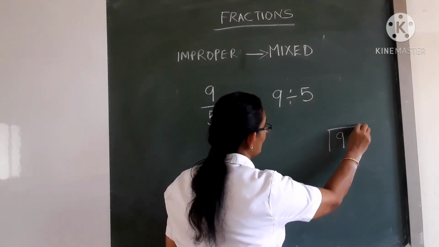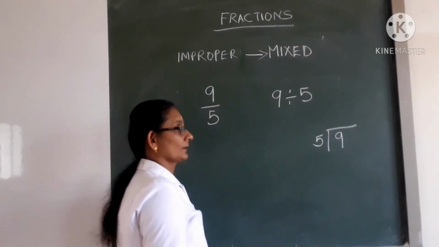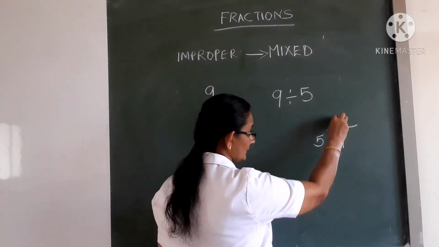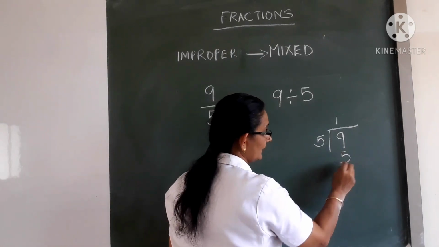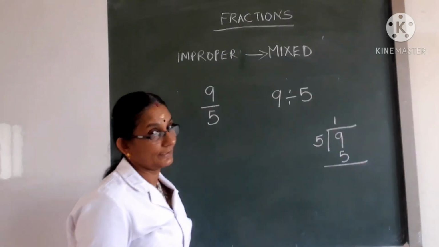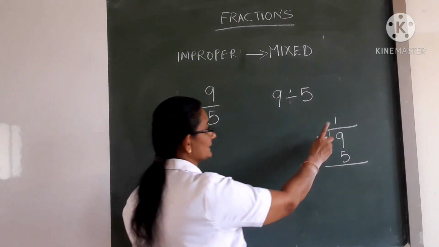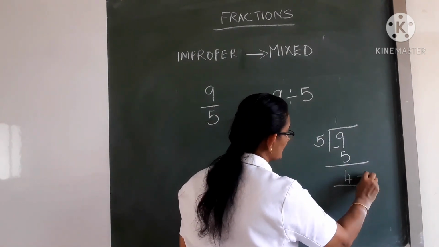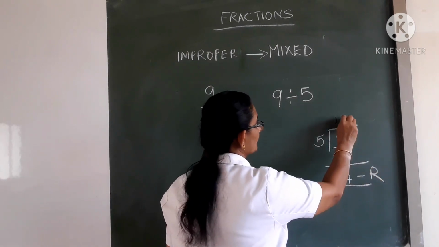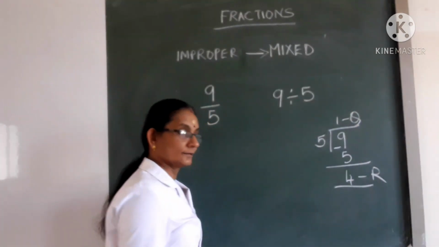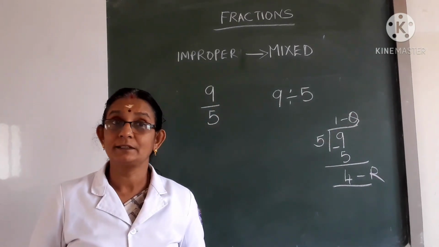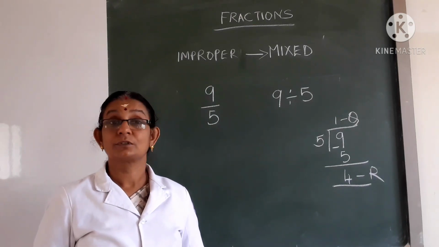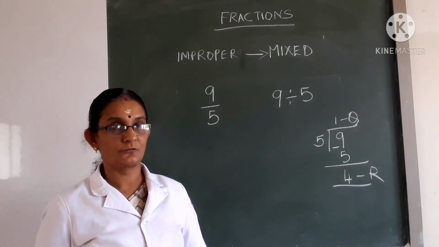9 divided by 5. Now, how many times does 5 go in 9? 1 time, isn't it? So 5 ones are 5, and subtract, and you have the remainder as 4 and the quotient as 1. So now let us see how to convert it into a mixed fraction.